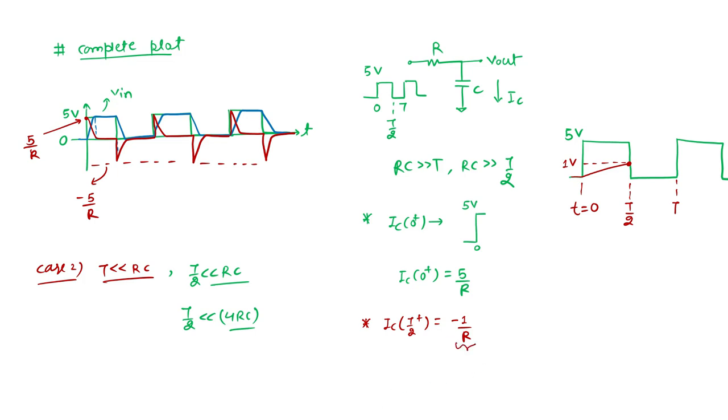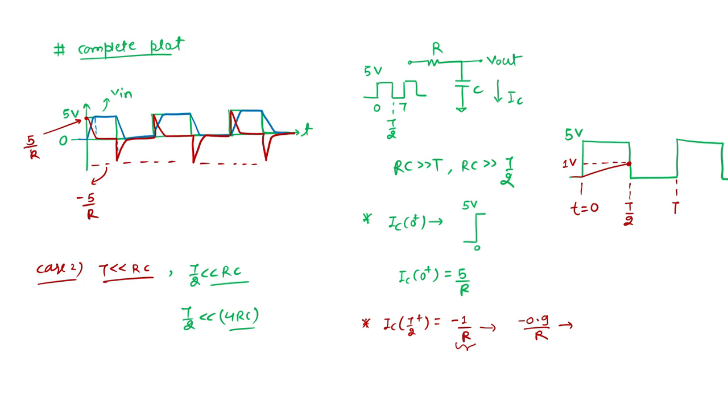It will discharge, but at a very slow rate, because the time constant is much larger here. From T by 2 to T it will discharge, but the initial value of the current is minus 1 by R. Slowly it will decrease, like let's say minus 0.9 by R.